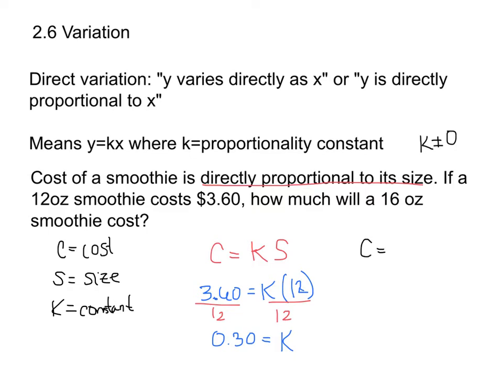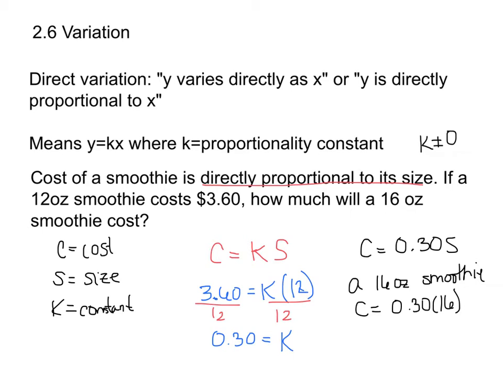The cost is equal to 0.30 S. And if we wanted to find out how much a 16-ounce costs, then we plug in 16 ounces. So a 16-ounce smoothie would cost 0.30 times 16, or in this case, $4.80.